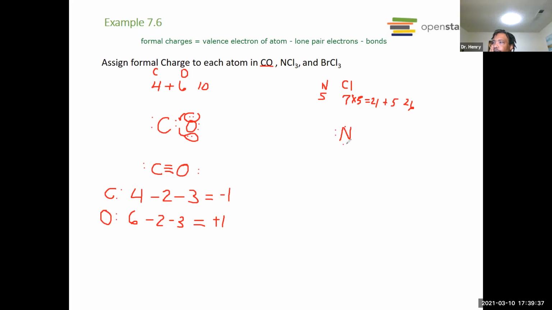So we have nitrogen with 5 electrons, and chlorine, chlorine, chlorine, each of which has 7.